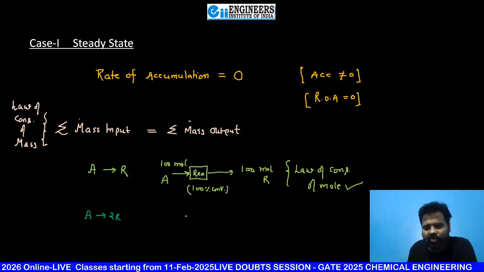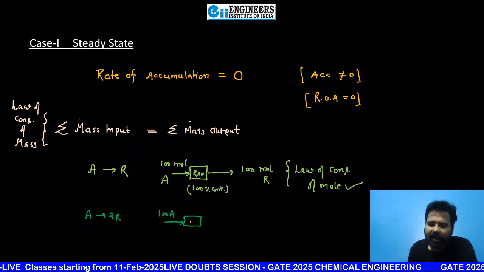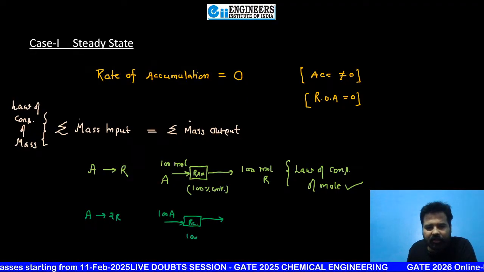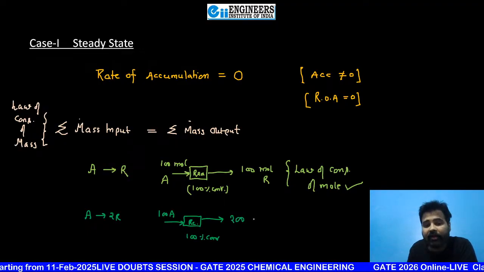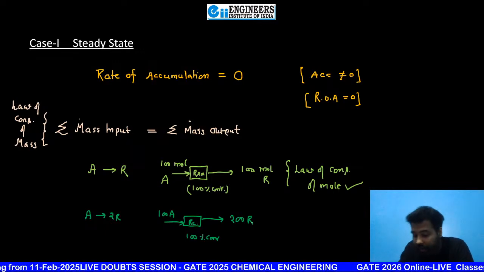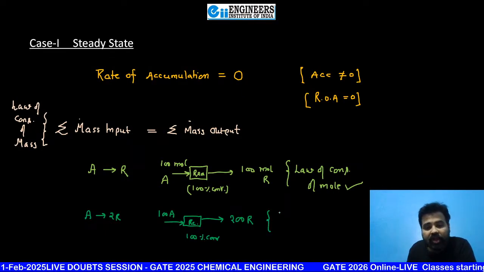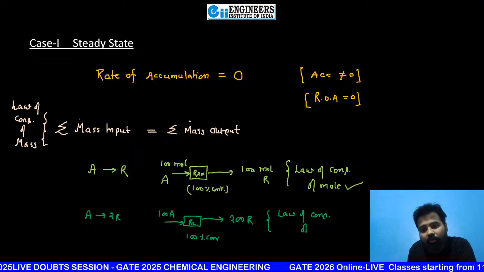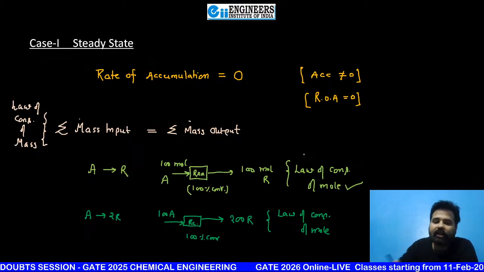What will happen here? If 100 A is fed into this reactor with 100% conversion, here you will get 200 R. That means this time if you say law of conservation of mole, then no, it is not correct.